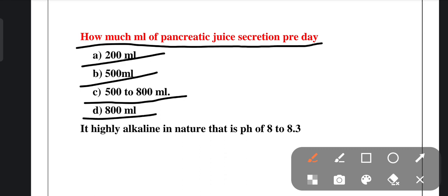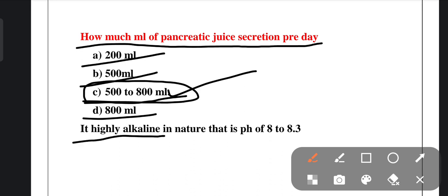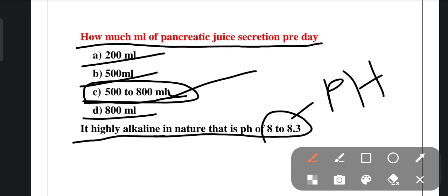The correct option is option C. Per day we have 500 to 800 ml of pancreatic juice produced in our body. It is highly alkaline in nature, with a pH of 8 to 8.3. Okay, the highly alkaline fluid in our body is pancreatic juice only.